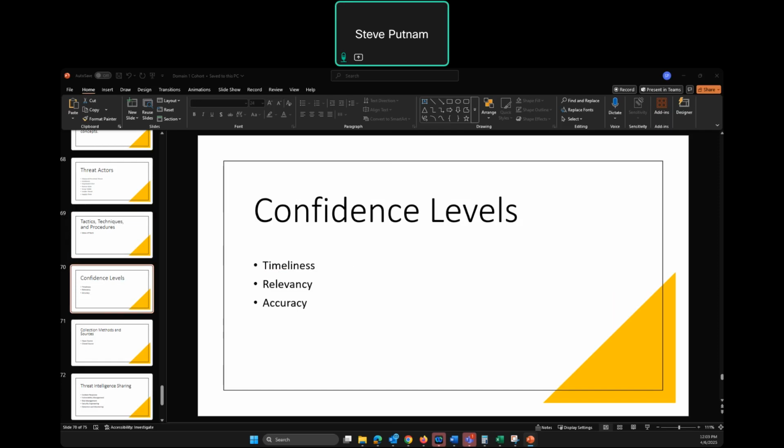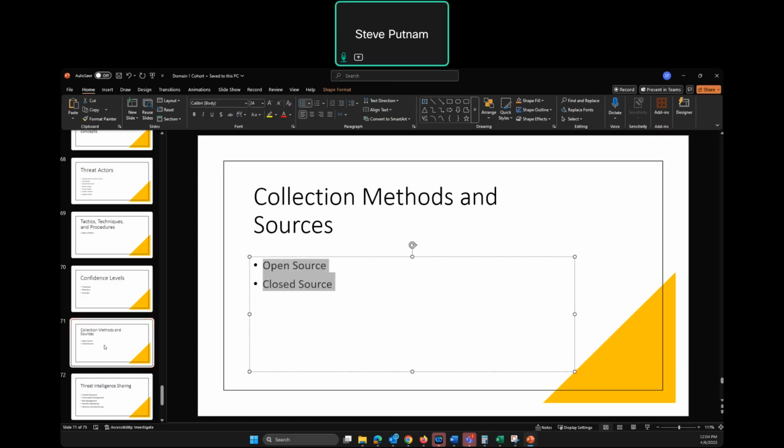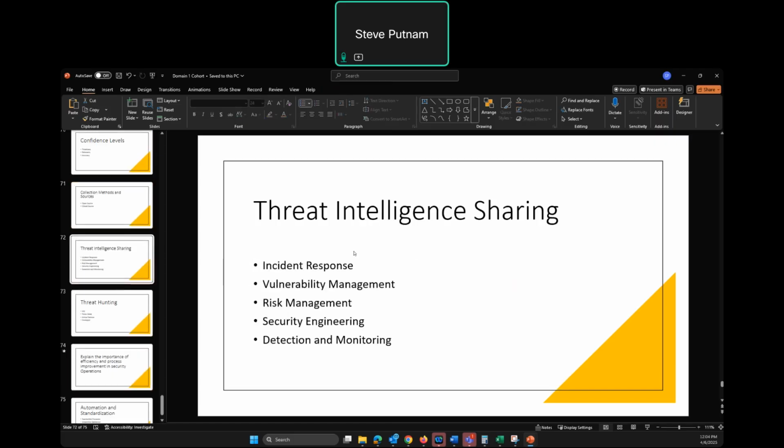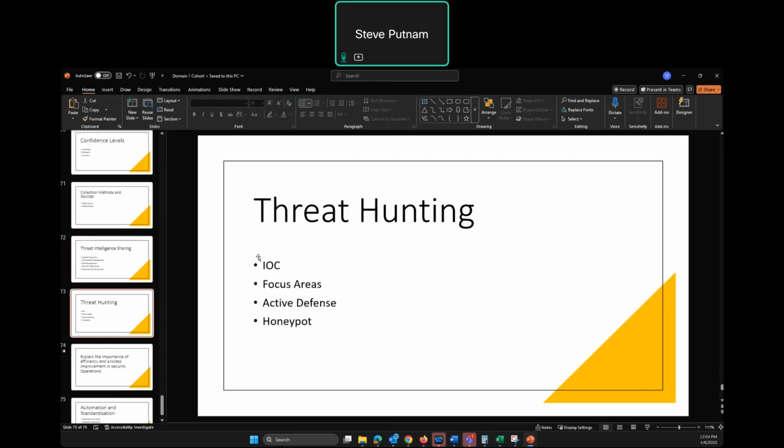How accurate are your findings? Collection methods and sources: open source, closed source. So your threat intelligence covers sharing, incident response, vulnerability management, risk management, security engineering, detecting and monitoring. Where threat hunting is looking at those IOCs, focus areas, active defense, and say a honeypot.